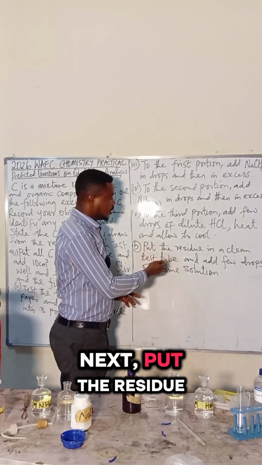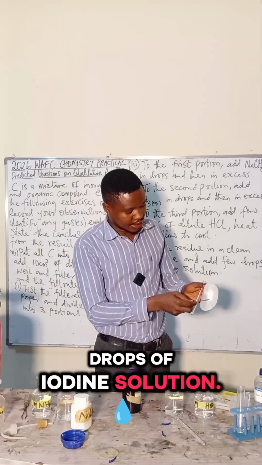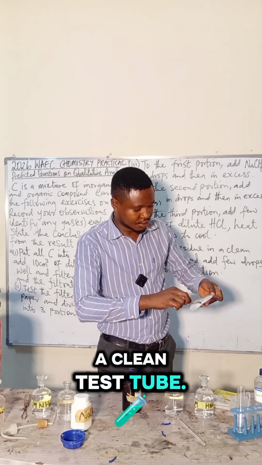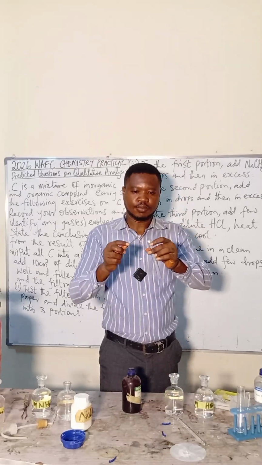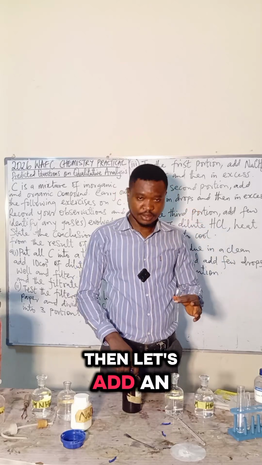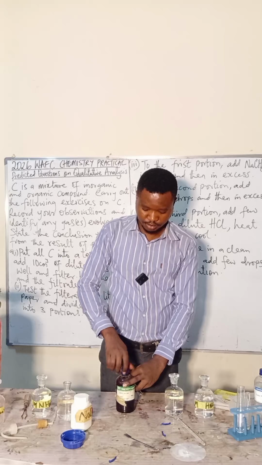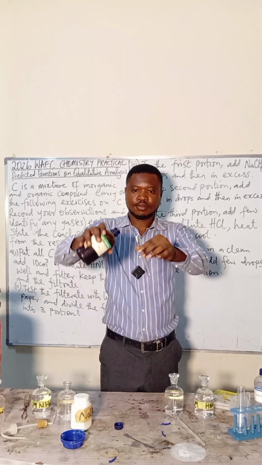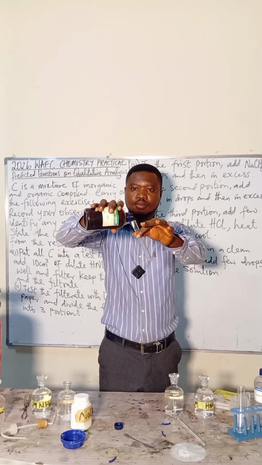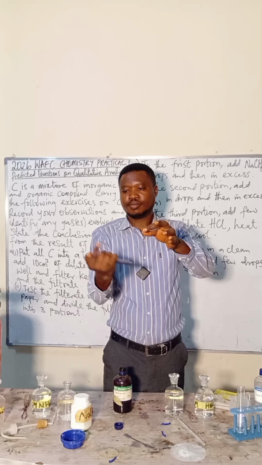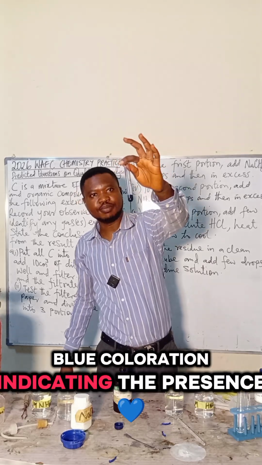Next, put the residue in a clean test tube and add few drops of iodine solution. Let's put it in a clean test tube. Then let's add our iodine solution. Black blue coloration, indicating the presence of starch.